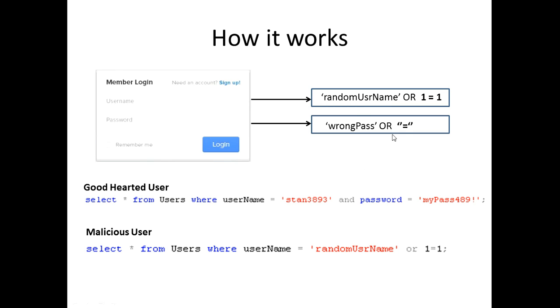So this is what they can do. These hackers can go in here and type this username OR 1=1, or a wrong password, or empty password equals empty password, or they can also enter in 1=1. That's pretty much how SQL injection happens.